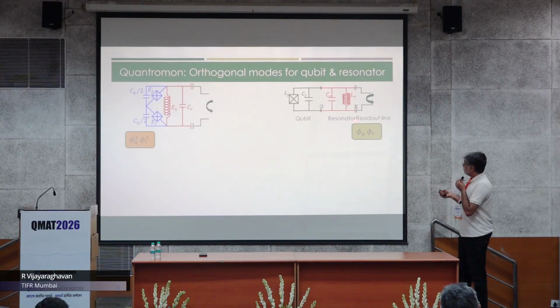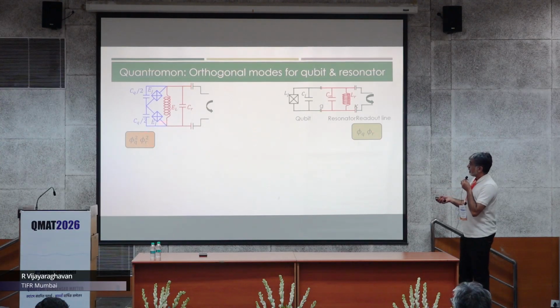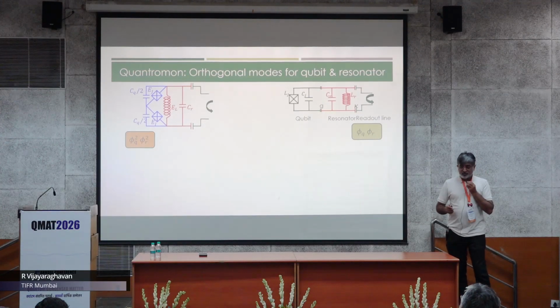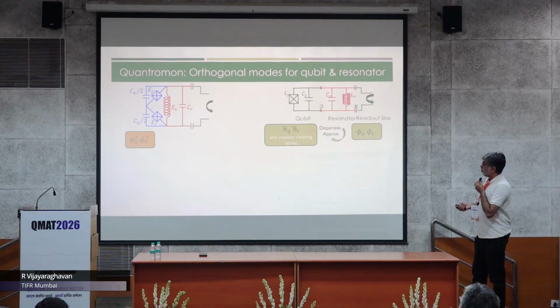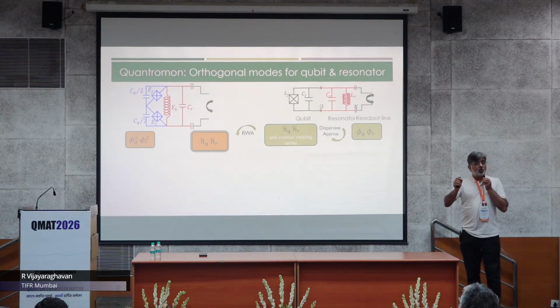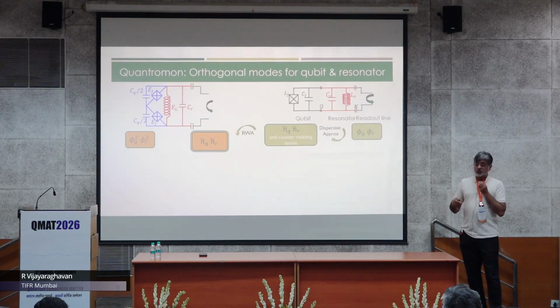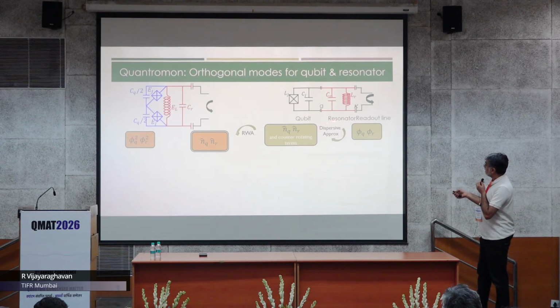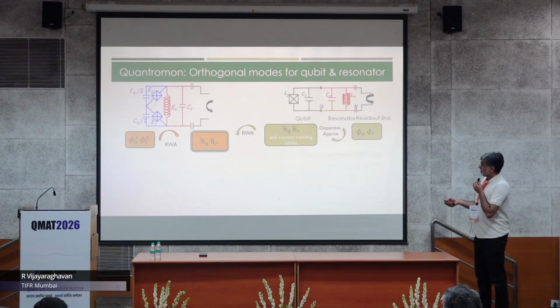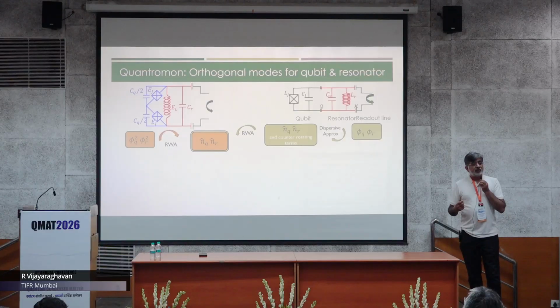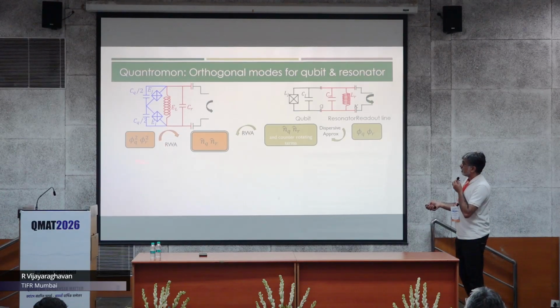You start with different original Hamiltonians because of the circuit being different. But ultimately, you go back to the same effective Hamiltonian, which gives you this quantum state dependent shift, though it comes with different levels of approximation. In the original idea, you have to do these dispersive approximations and then reach there, whereas here, it's a more direct step from the original Hamiltonian.